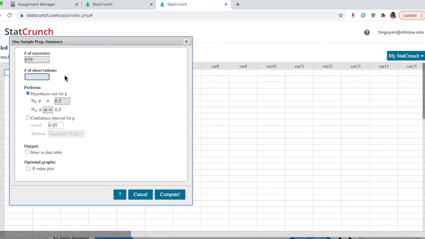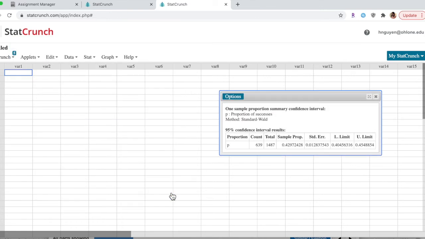The number of observations is N, 1487. My confidence interval is 95%, so I'm going to choose this one, and 95%, 0.95. Compute. This is my lower limit, and this is my upper limit.